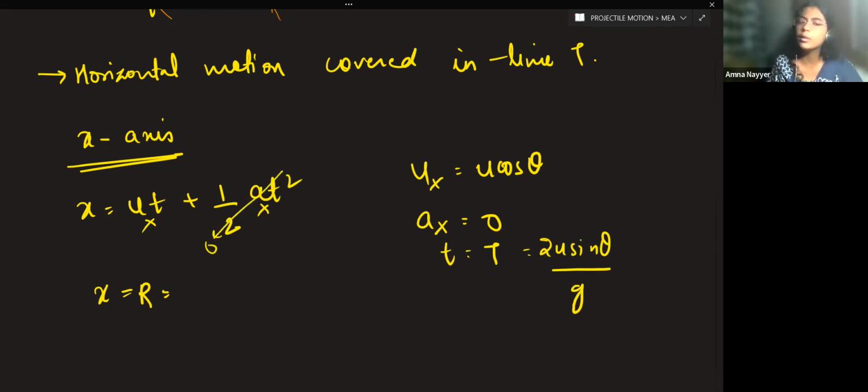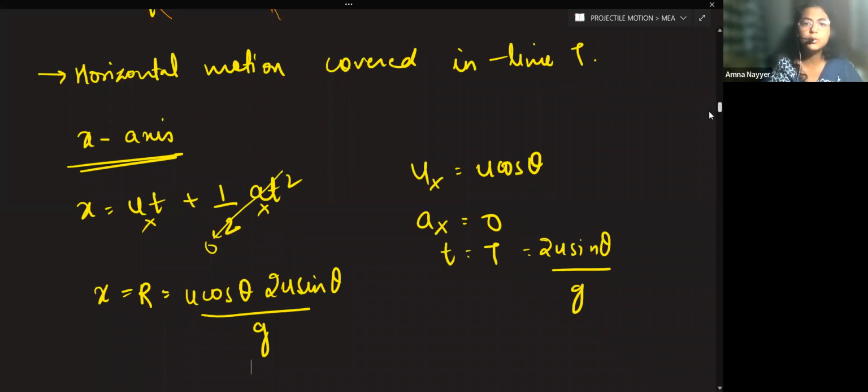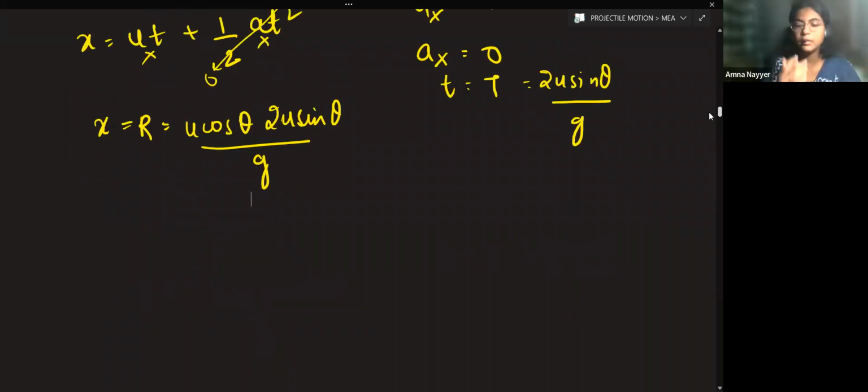See, this term will become 0. x, the horizontal displacement covered, is exactly the range of motion. ux is u cos theta multiplied by 2u sine theta divided by g. So u multiplied by u, 2 times u, that becomes u square. So range of motion is u square 2 sine theta cos theta divided by g.